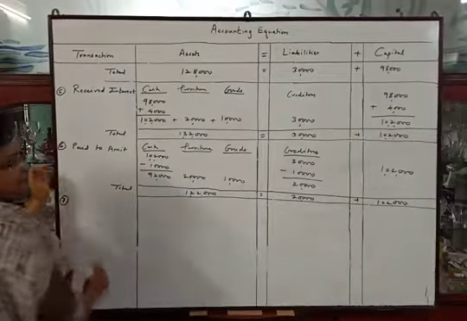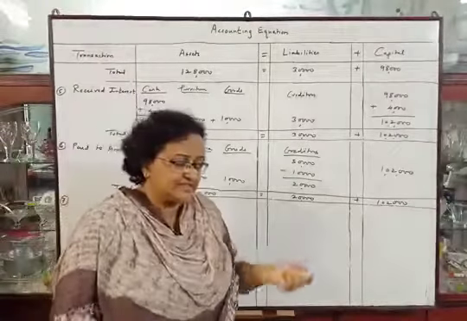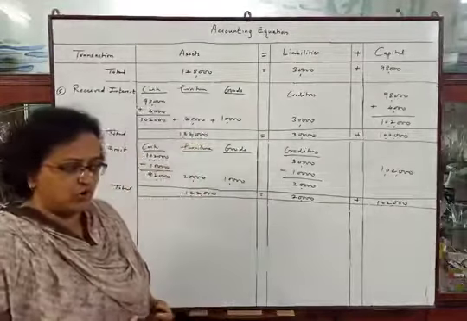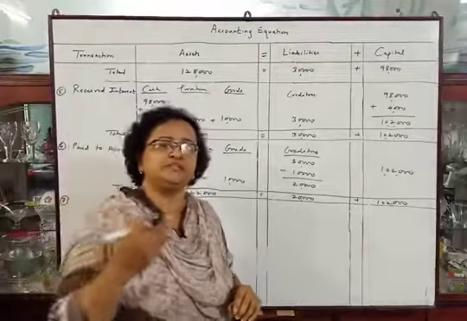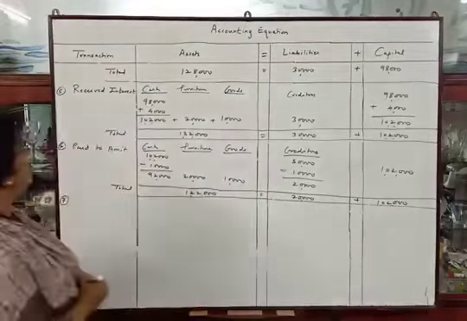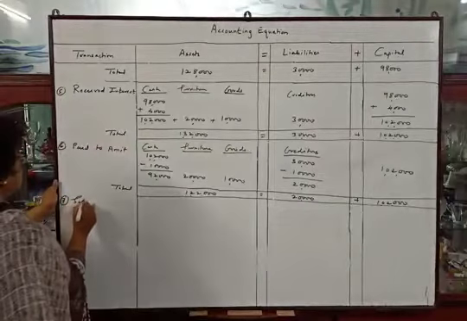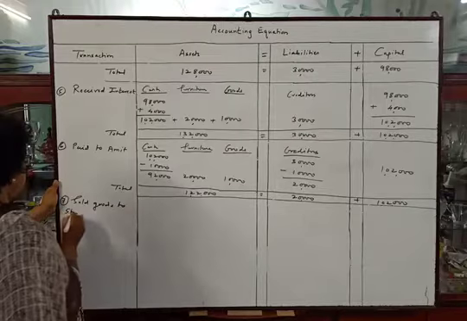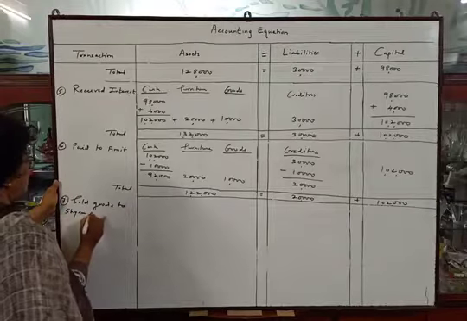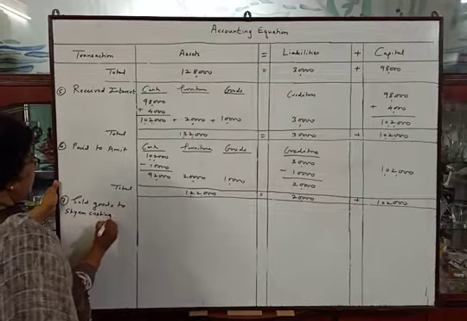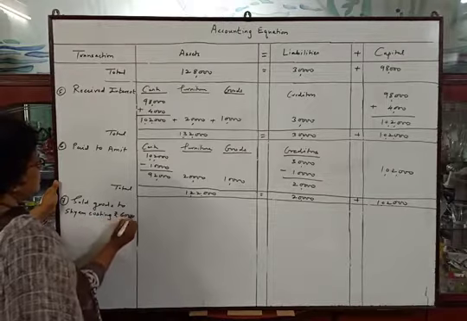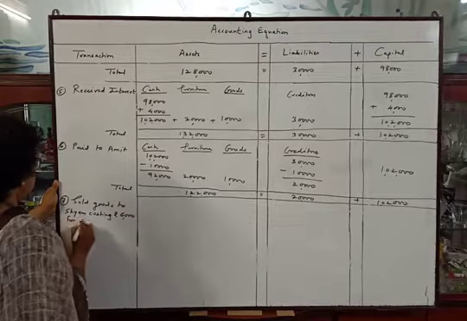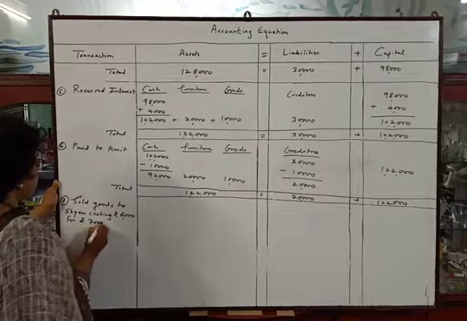Now 7. Next transaction is sold goods to Shyam costing rupees 6,000 for rupees 7,000.